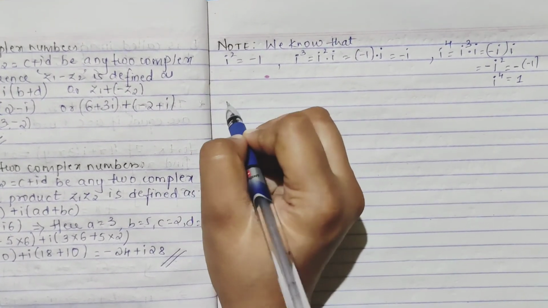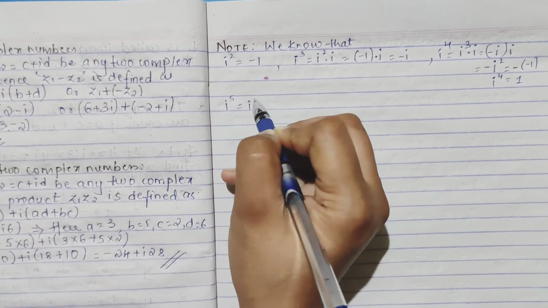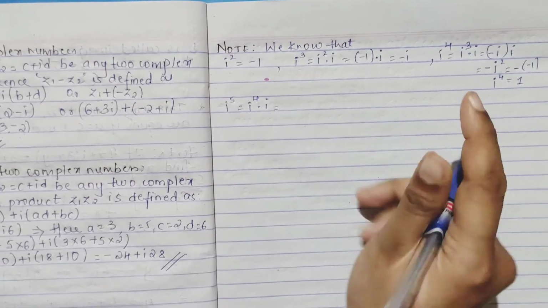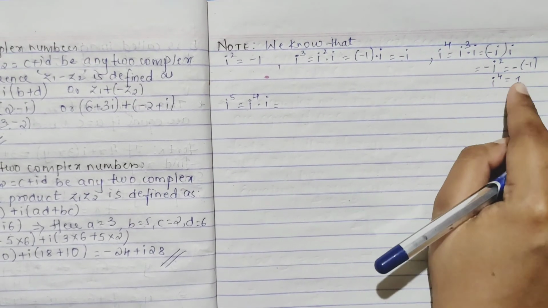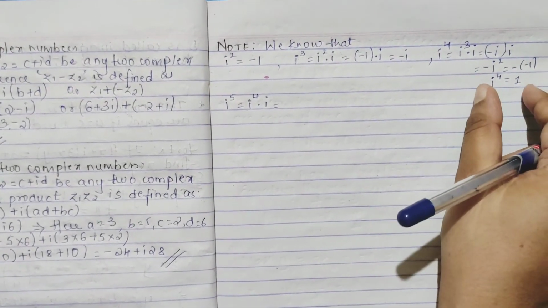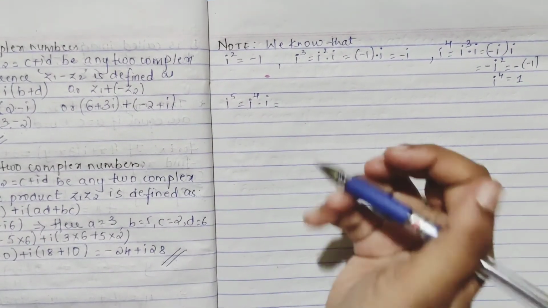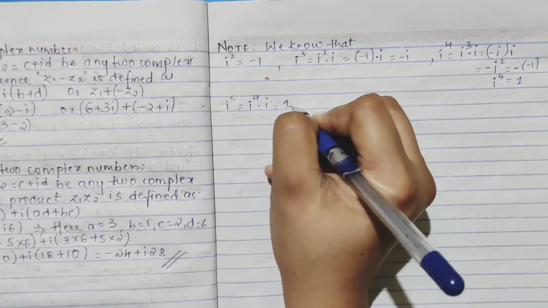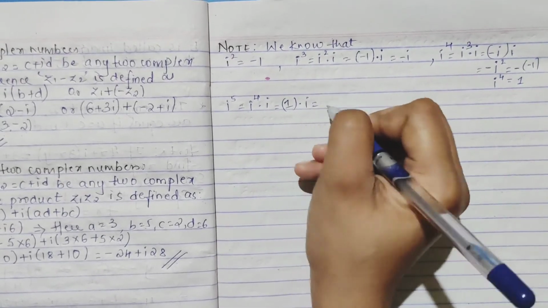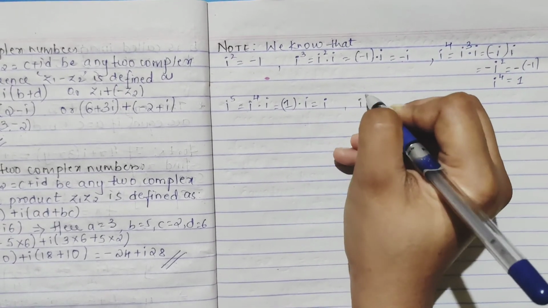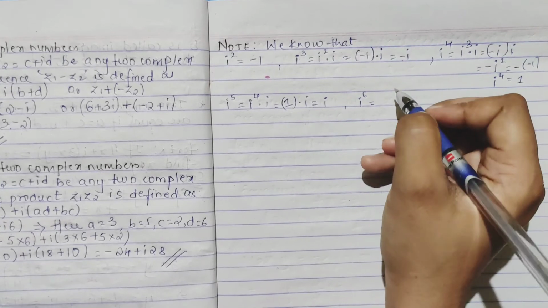Even i raised to 5, you can write as i raised to 4 into i, because previously you would know this value of i to the 4, right? So we split like this only. I to the 4 we know is 1, into i which remains as it is, so this is your i. Now coming again, i raised to 6, how can I write?